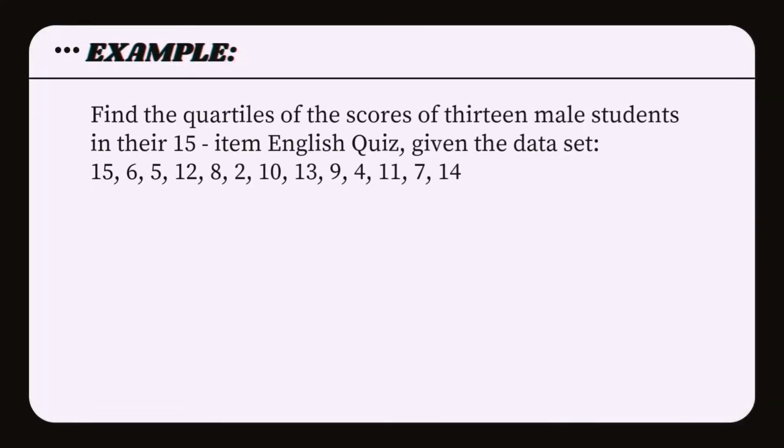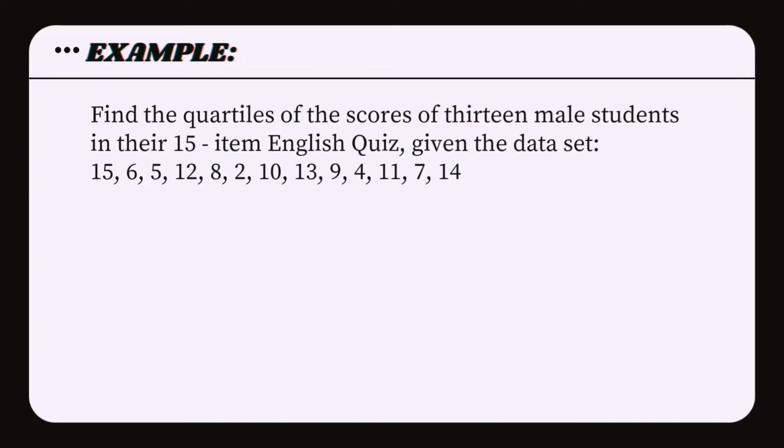Let's now move on to our example. Find the quartiles of the scores of 13 male students in their 15-item English quiz. Given the dataset 15, 6, 5, 12, 8, 2, 10, 13, 9, 4, 11, 7, and 14.